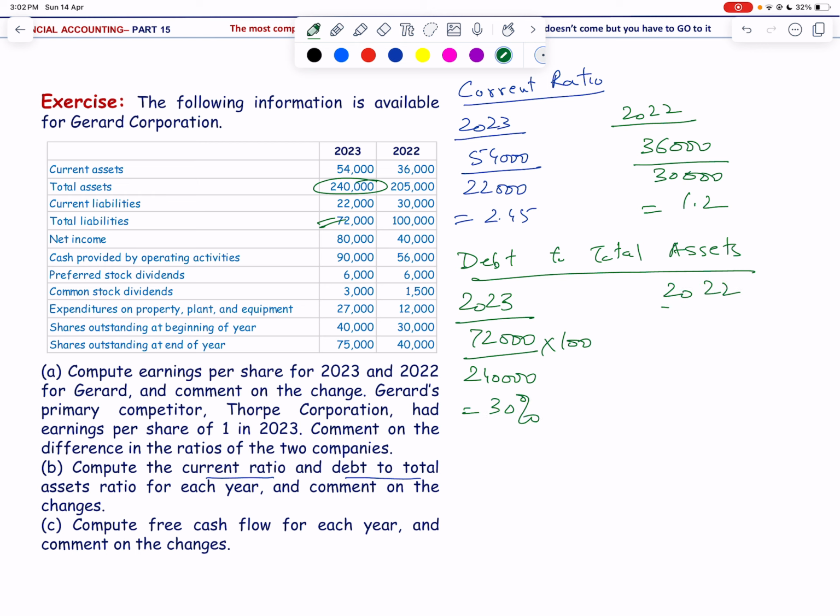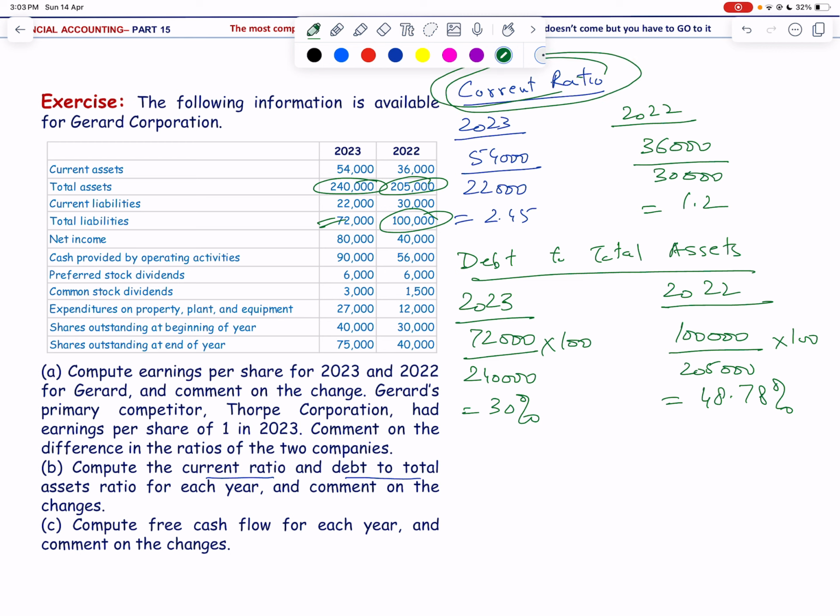For 2022, the total liabilities are 100,000 divided by the total assets, that is 205,000 times 100, that gives us 48.78%. So we can see that the company's liquidity as measured by the current ratio has improved from 1.2 to 2.45, and its solvency has also improved as measured by the debt to total assets ratio, as it has declined from 48 to 30%.